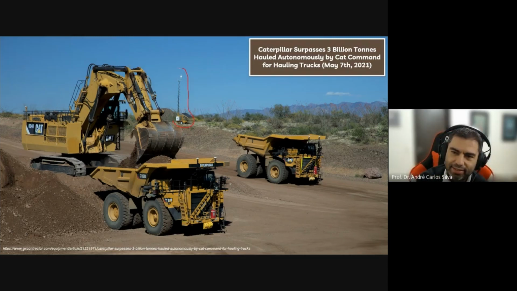This is quite interesting because this is our GPS relay tower. How can I know for sure that we're going to be taking ore from the right position? Because we have GPS for this.